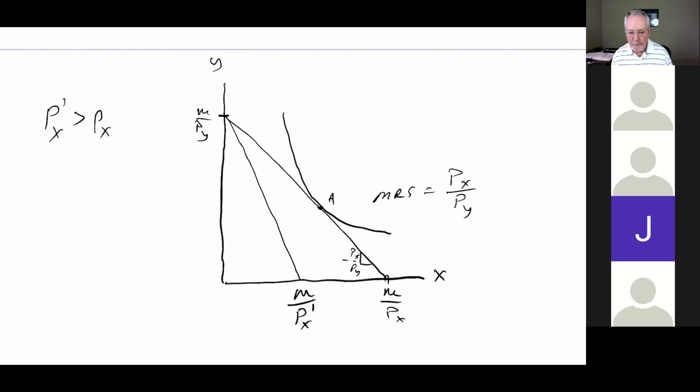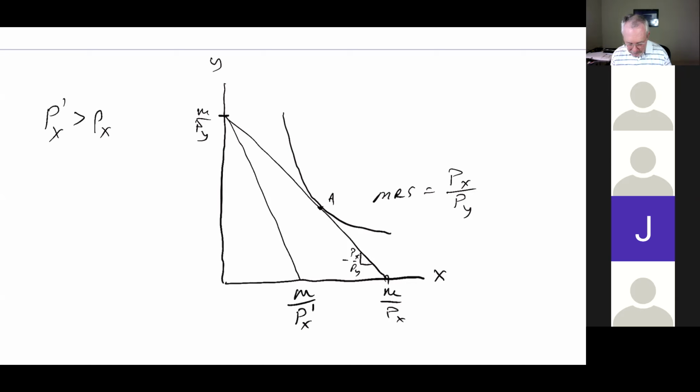So there's a couple of things going on here. On the one hand, the consumer finds that the price of X has risen relative to the price of Y, and so the consumer substitutes away from X.